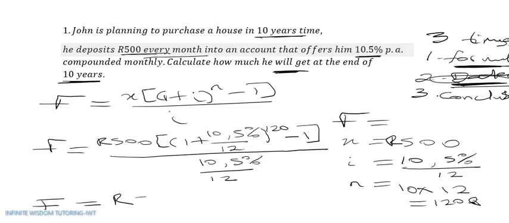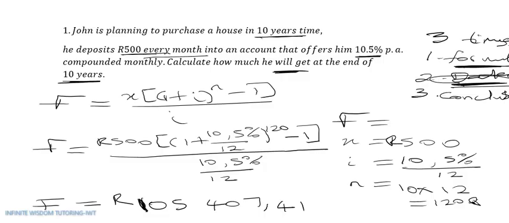105,407 rand 41 cents. So just to write the one properly so that it can be visible. So this person at the end of the 10 years will be expecting this much.